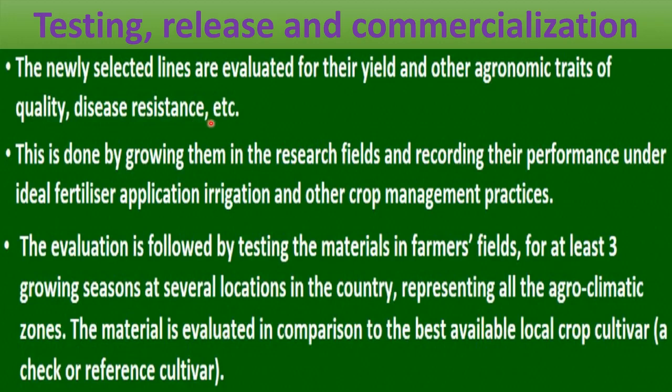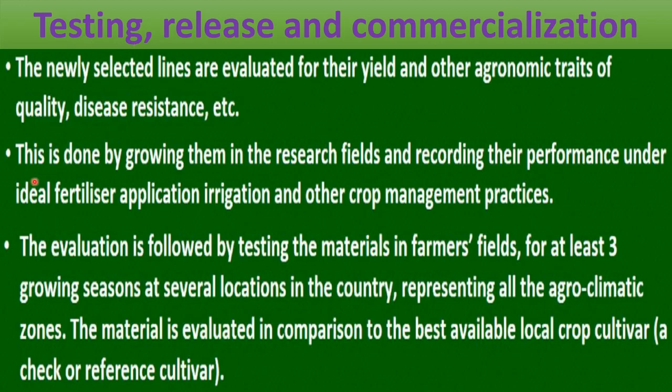So all these characters, like their yield, their agronomic traits and their disease resistance power, are evaluated in the selected lines. Selected lines are the plants obtained after the self-pollination of superior recombinants. So this is called evaluation, or you can say testing.